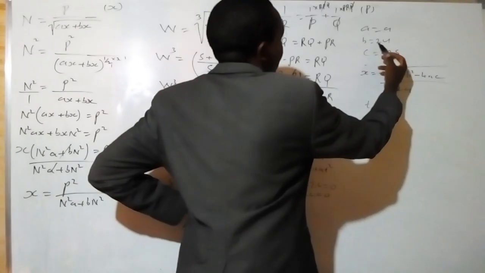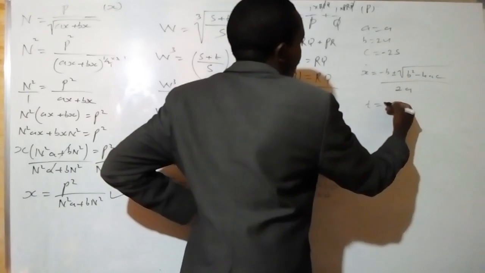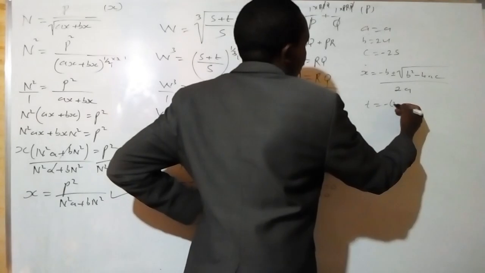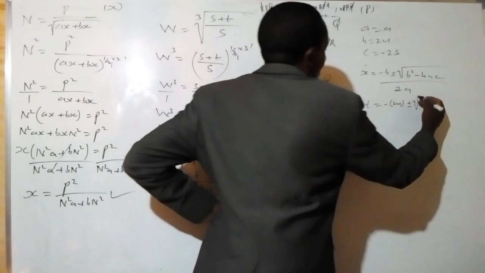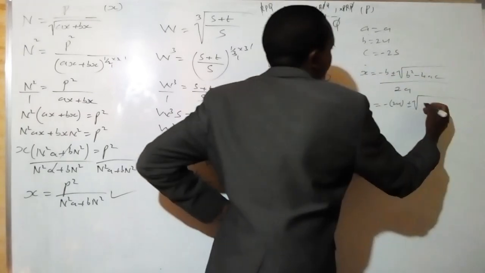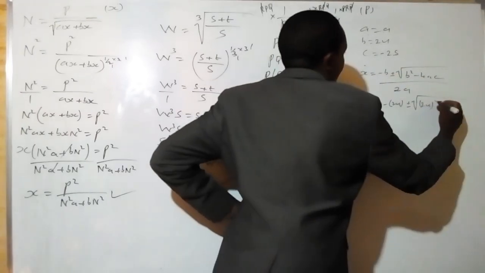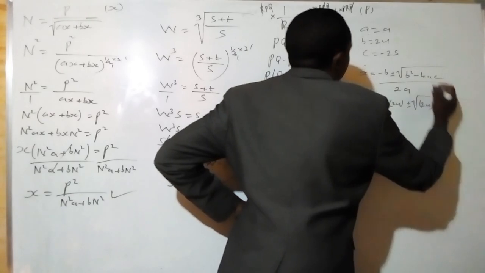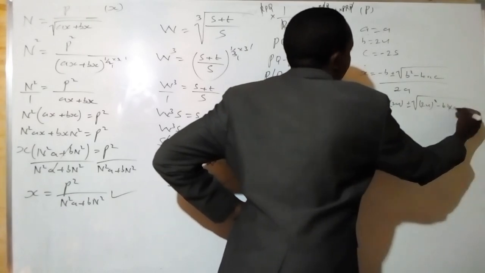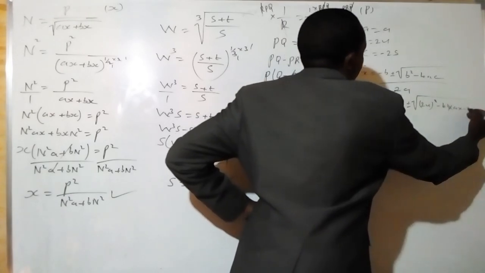You replace it here to have negative 2u plus or minus the same b squared, (2u) squared, minus 4, a is what? It's a, the way it is, times c is what? Negative 2s, all over 2a.